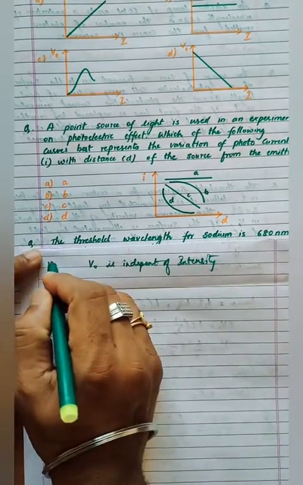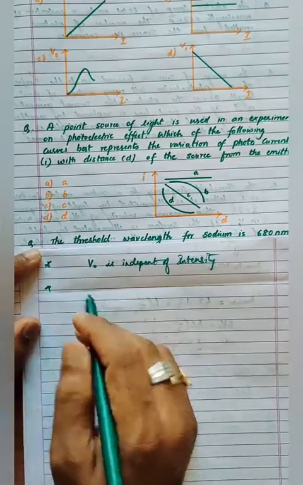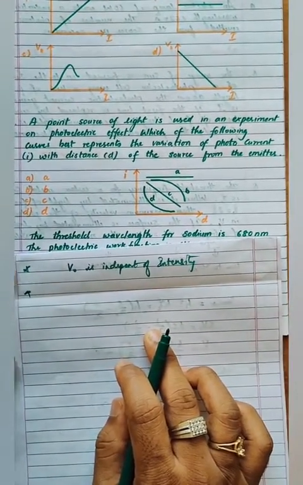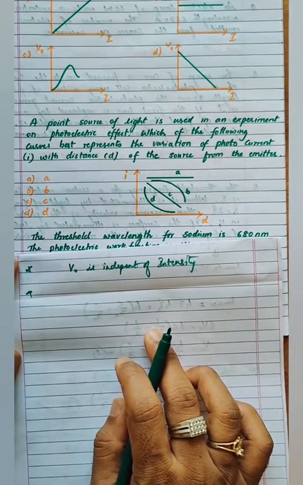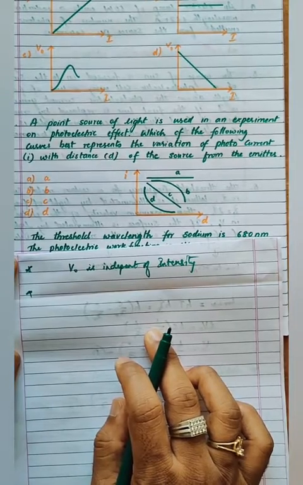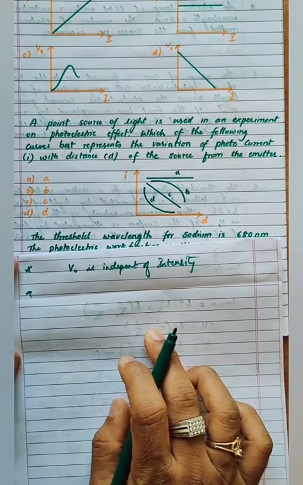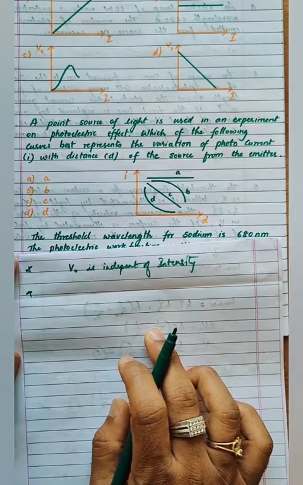Right, okay, look at this question and observe the graph carefully again. A point source of light is used in an experiment on photoelectric effect. Which of the following curves best represents the variation of photocurrent I with the distance D of the source from the emitter?